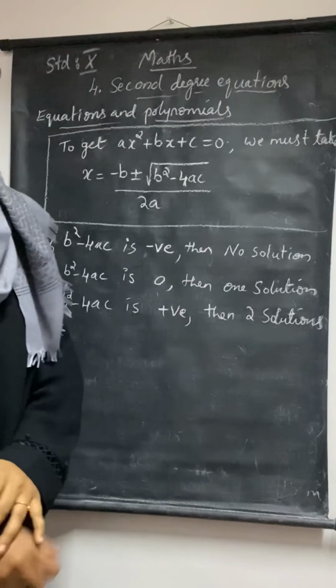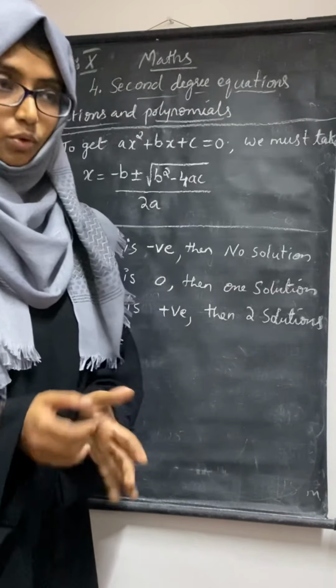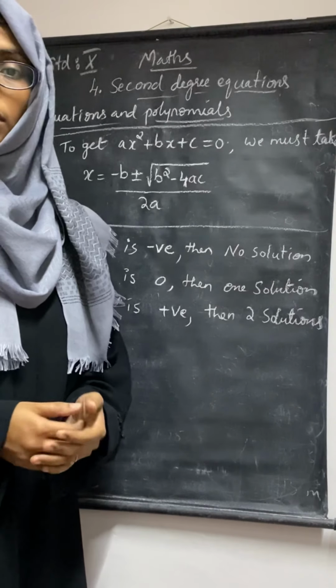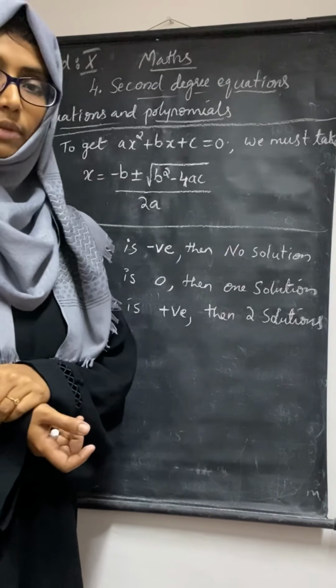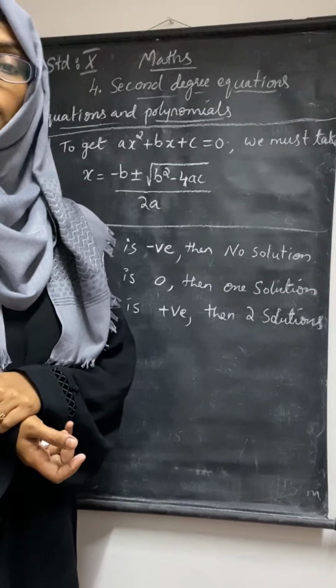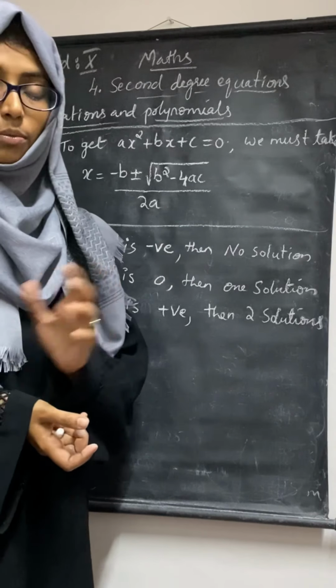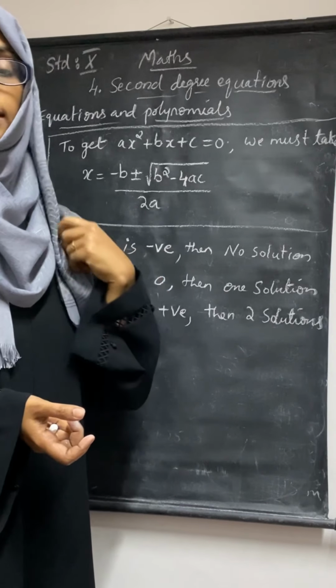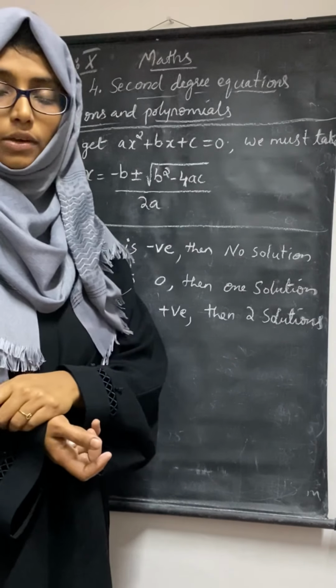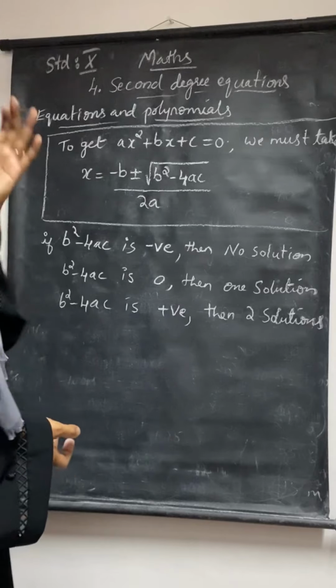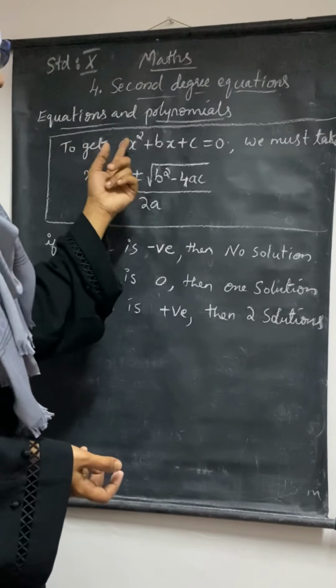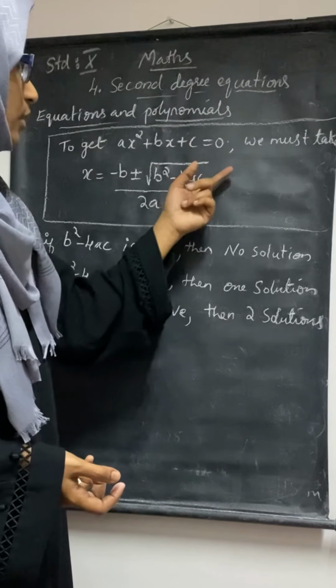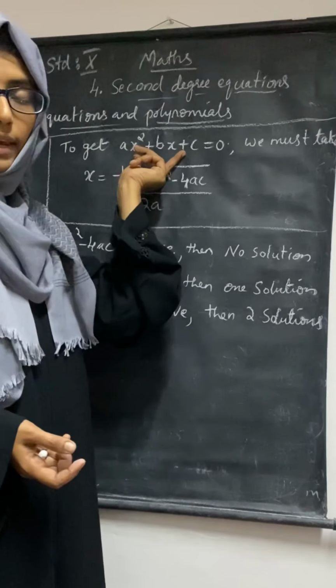Here we have seen the square completion method. In some cases we cannot find the answers using square completion. So in that case, if you can't find it using that form, you can use this formula. Here we are going to study a quadratic equation. To get ax square plus bx plus c is equal to 0, that means this is the way you will have the equation.